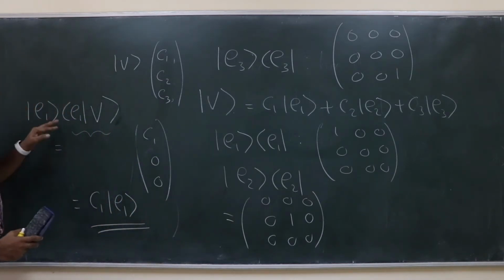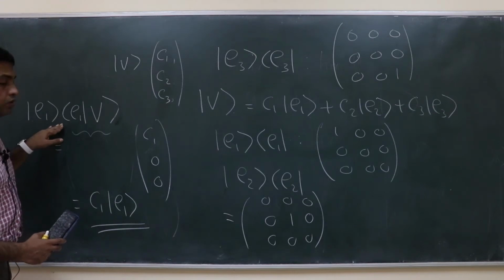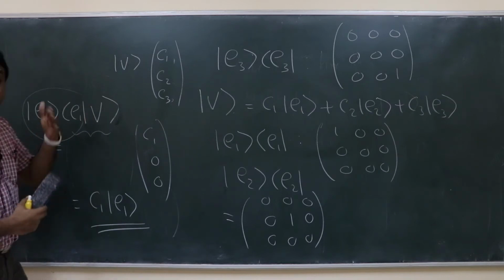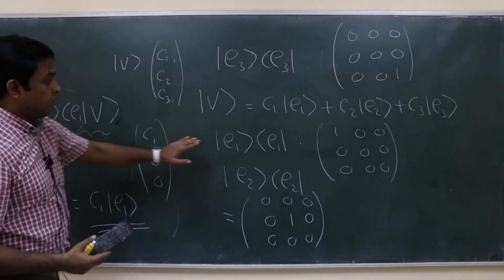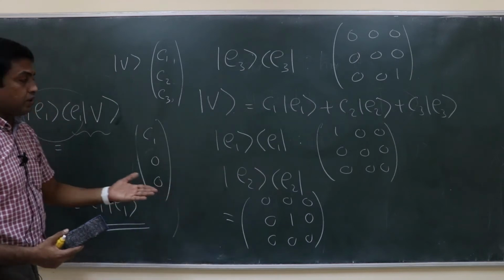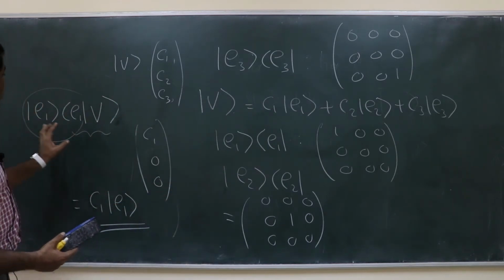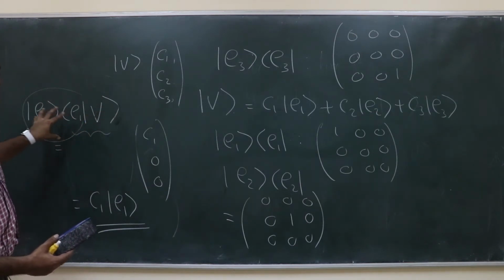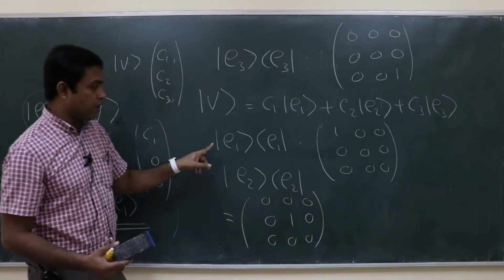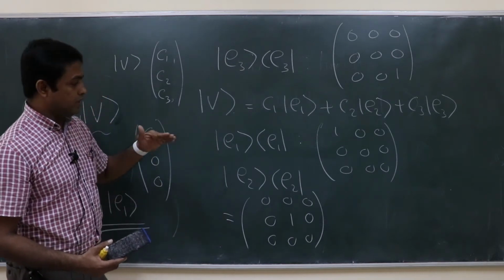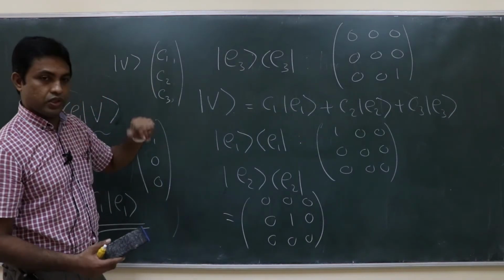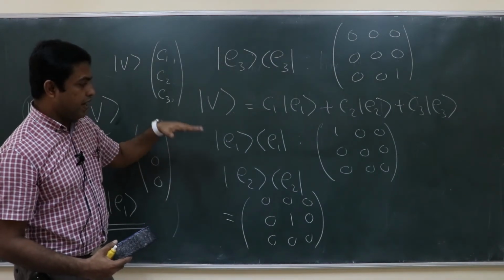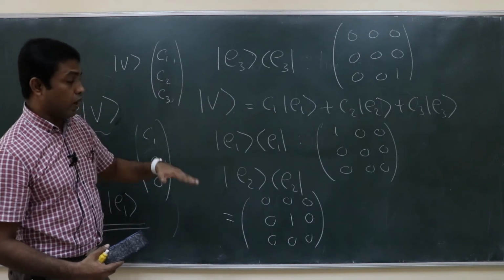The other way: this ket E1 bra E1 is a projection operator. That I cannot move to the right-hand side. So a projection operator is acting on ket V. To project along the x-axis in your earlier definitions, what is the projection operator?